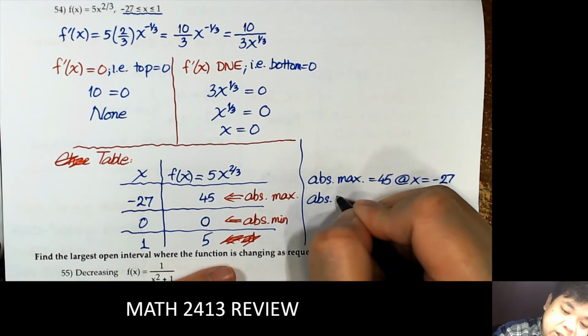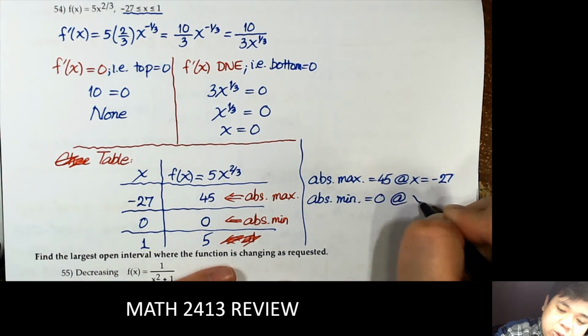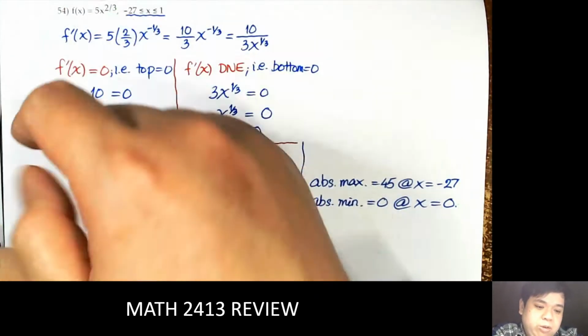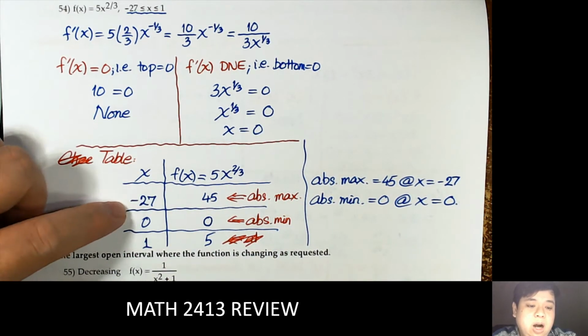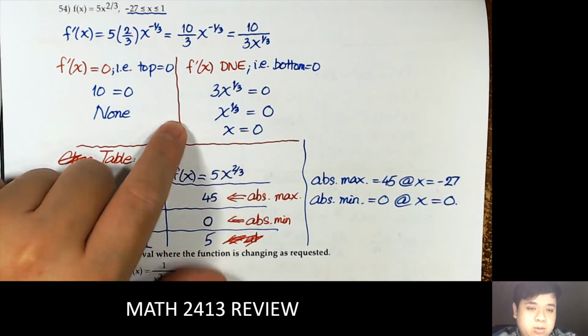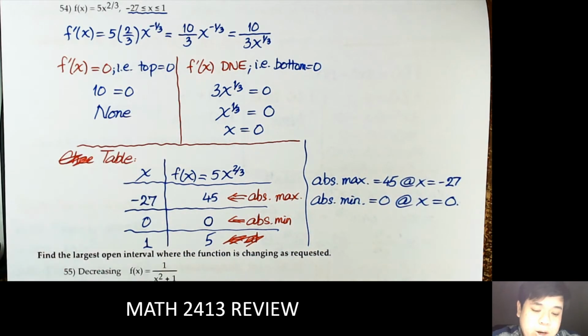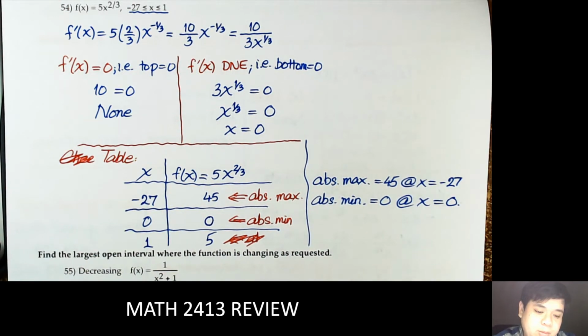Absolute min equal to 0 when x equal to 0. Right. So that is derivative equal to 0, does not exist, and then put everything in the table. Make sure those points belong to the domain before we evaluate in the table.